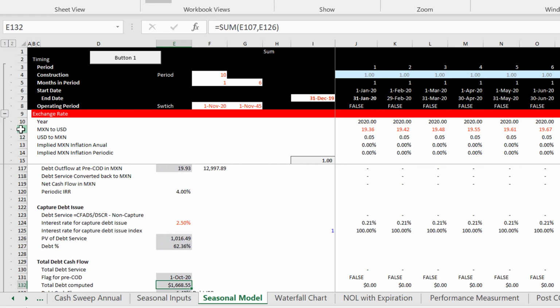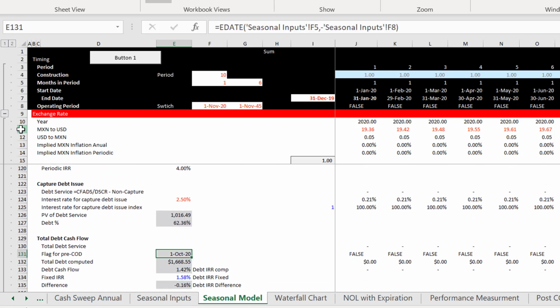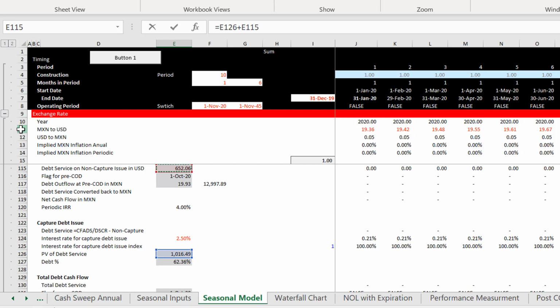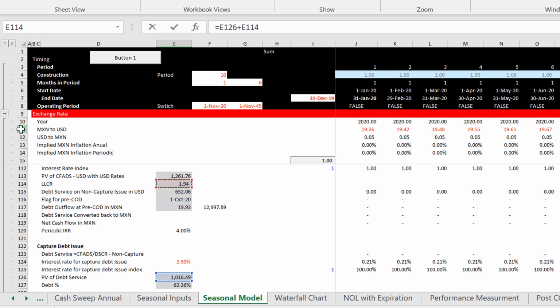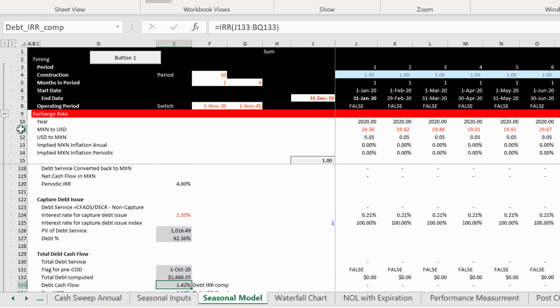The reason it's not exactly 60% is we have to finally compute the overall debt IRR, the same way I did before. The total debt computed is the debt service from our capture plus the U.S. debt service, not Mexican, because we're trying to get everything in pesos.